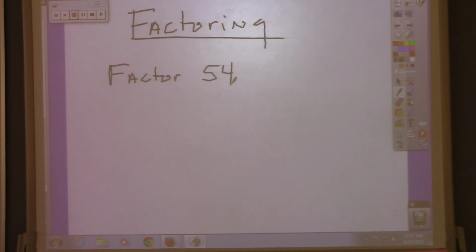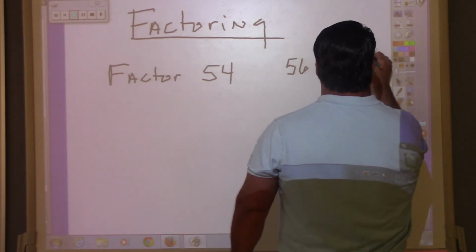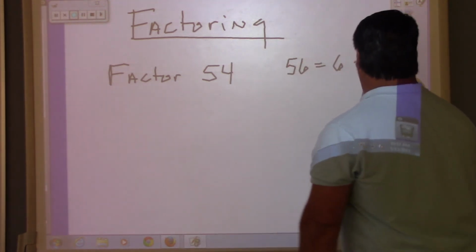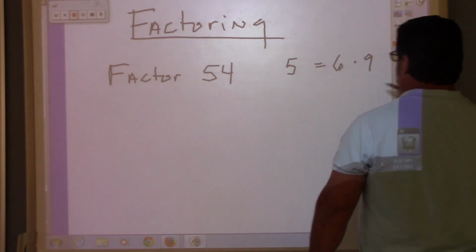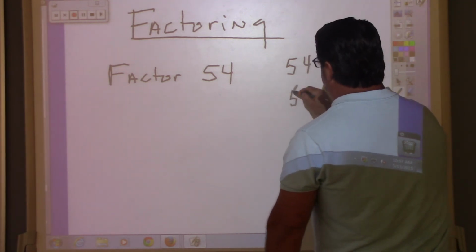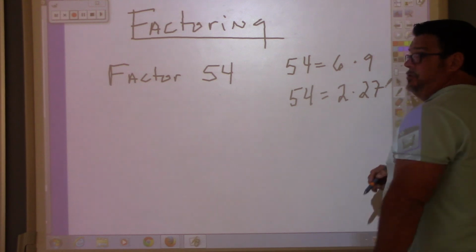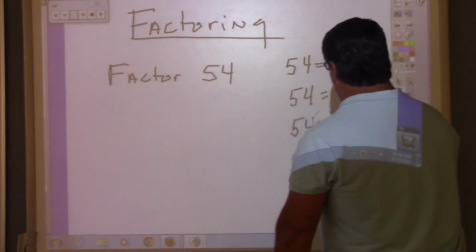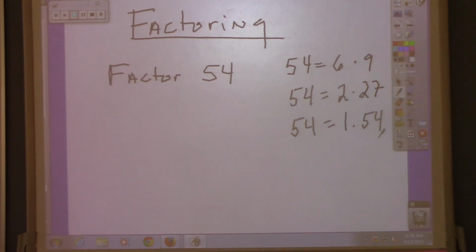Yeah, that's right, class. 54 is equal to 6 times 9. And there would be one person who says, well, I think 54 is equal to 2 times 27. Okay, you're weird. All right? But that is factoring. And then you could also say that 54 is 1 times what? 54. So I just factored 54.